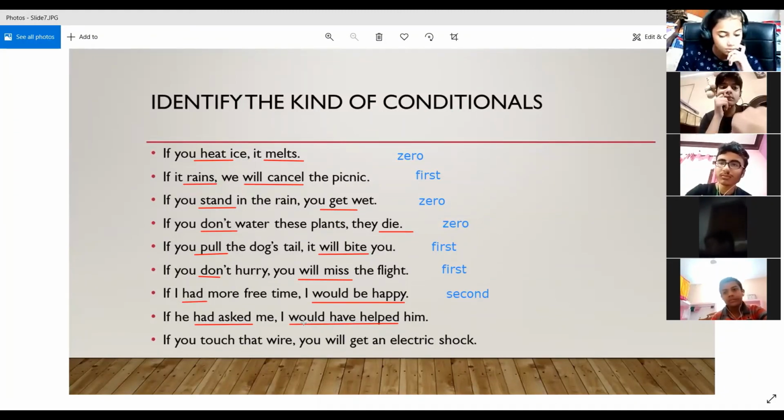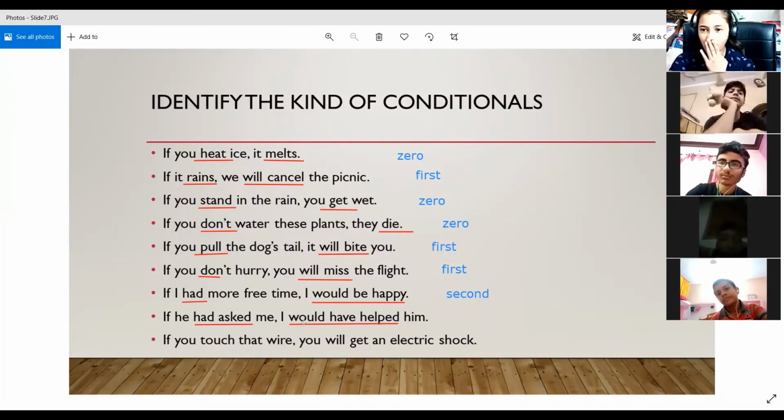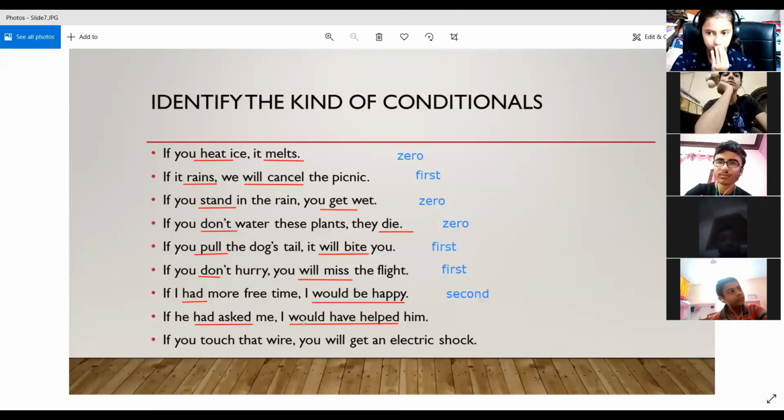So the entire thing is happening in the past. An unfulfilled condition of the past is being talked about. And what is that unfulfilled condition? That a person has not asked for help from a person, right? So this is the third conditional.